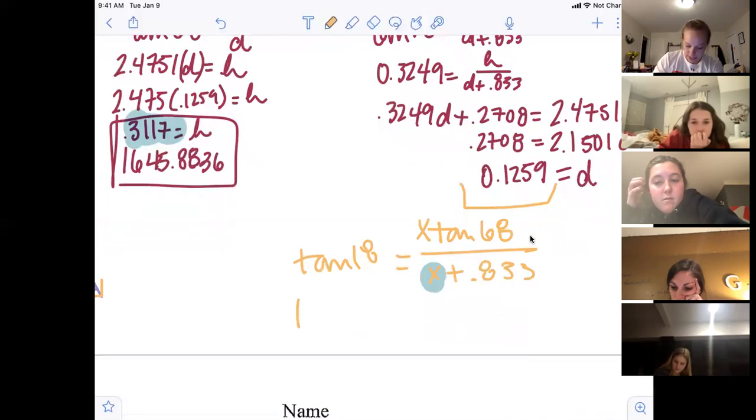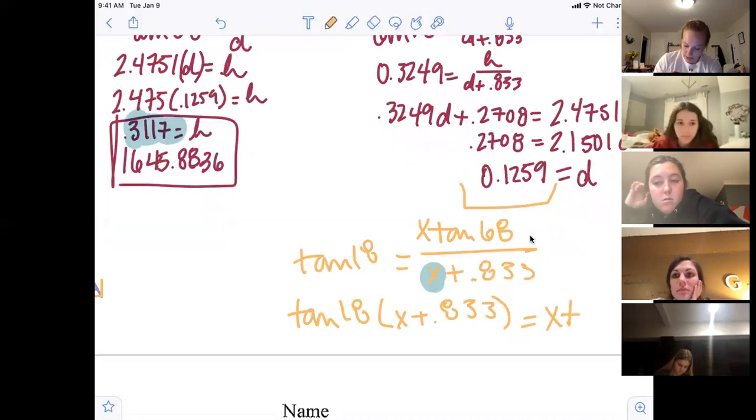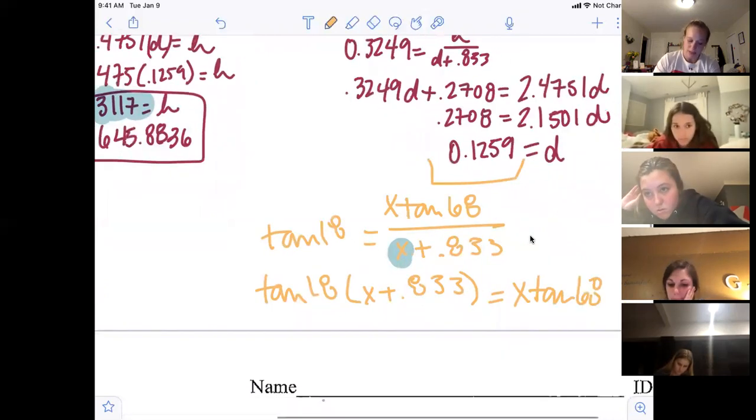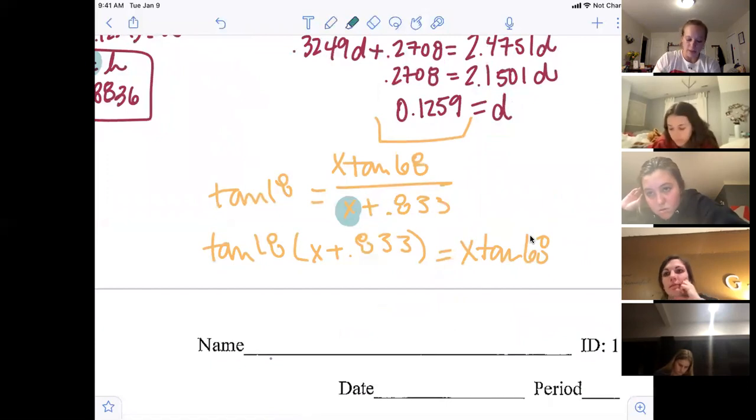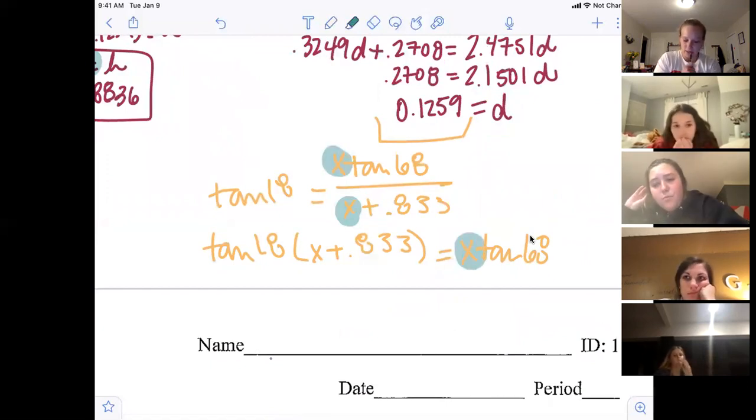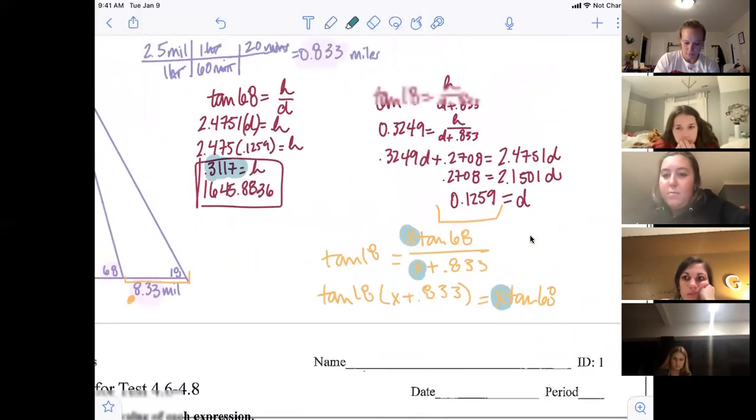So I would have had tan 18 times X plus 0.833 equals X tan of 68. Oh, and then I have to do all this work to get my X's together because I forgot I had an X on top. Would you mind going from the very beginning of this problem again?